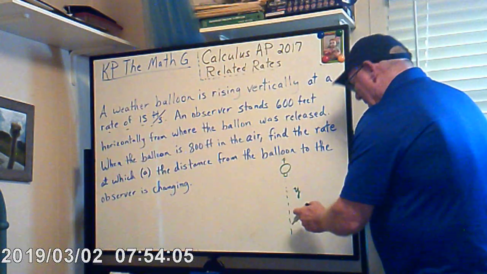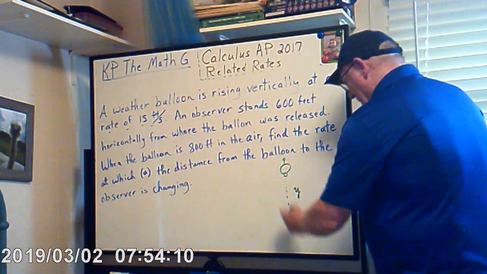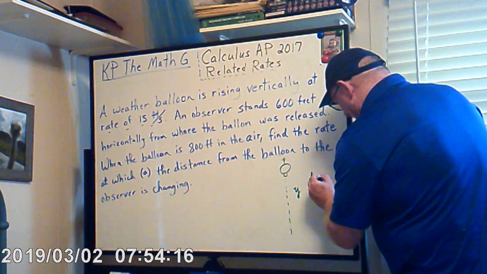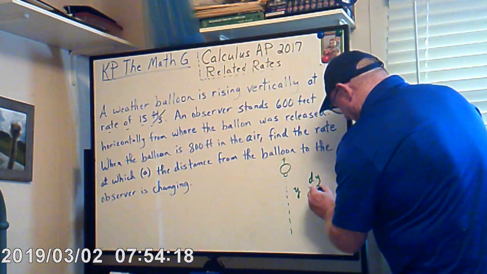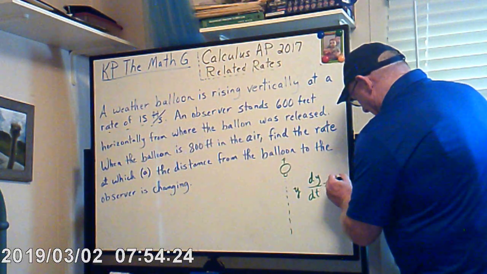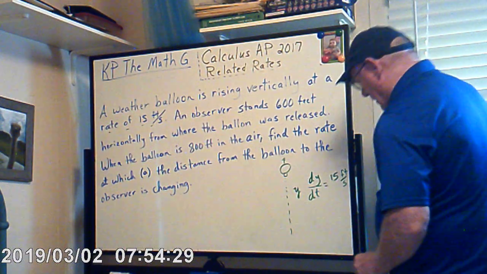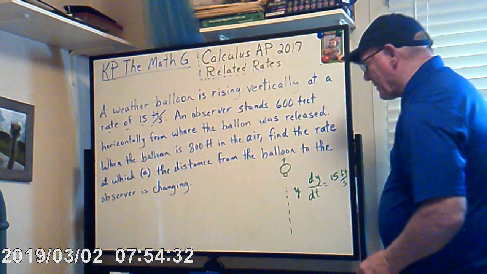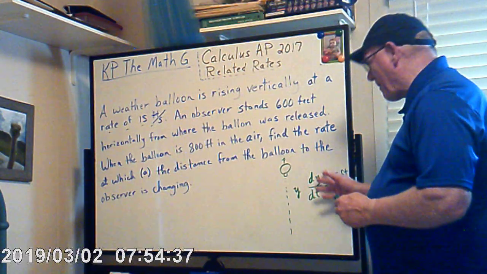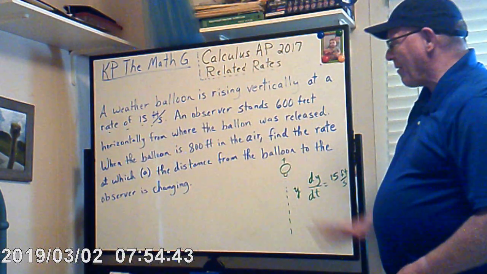So the rate of change in y of this vertical rising is referred to as dy over dt, and notice that that is equal to 15 feet per second. And I want you to understand right off the bat that that is dy over dt. It can't be anything else. I already know where this is going.